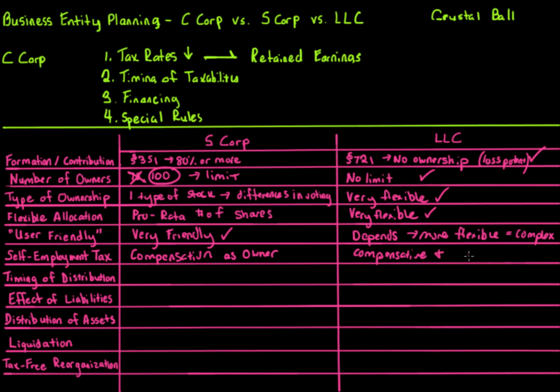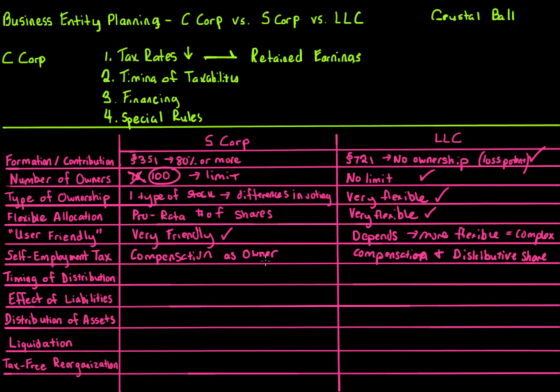Now, there's a few caveats to this, but this is generally how it's seen: compensation and distributive share, which potentially means your profits could be subject to self-employment tax. Distributive share is what we think of as the items that are allocated to you during the year.